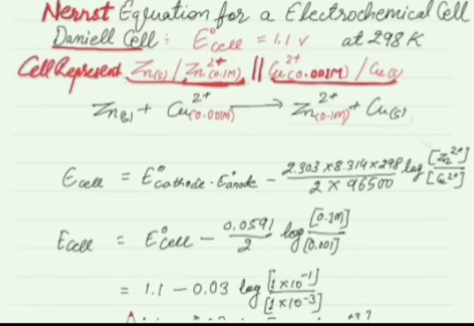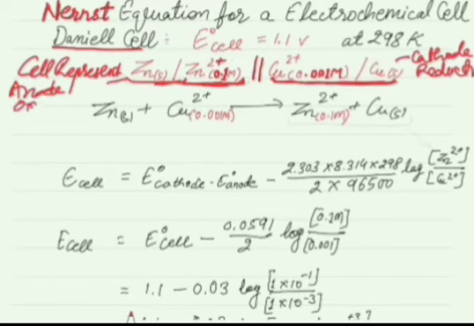So these are some of the very important things which we should keep in our memory: the concentration of the ions in the oxidation half cell and the concentration of the ions in the reduction half cell. This is the cathode where the reduction is going on, and this left hand side is called the anode where oxidation is going on, right?